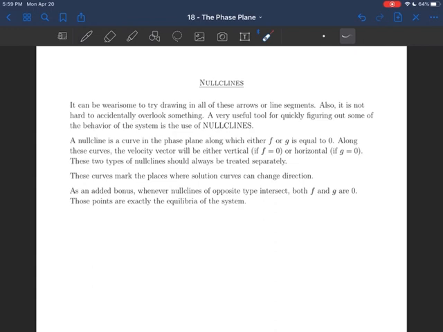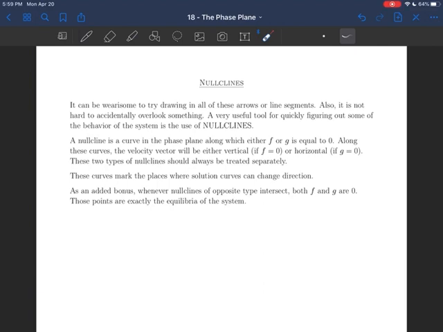If g is equal to 0, then the velocity vector will be horizontal because there's no change in the y direction. So we want to treat these two types of nullclines separately, the vertical one and the horizontal one. And basically, these curves are going to mark out in the phase plane the places where a solution curve can possibly change direction.